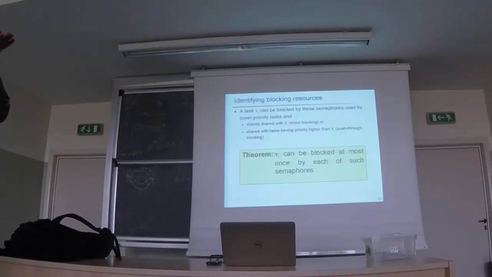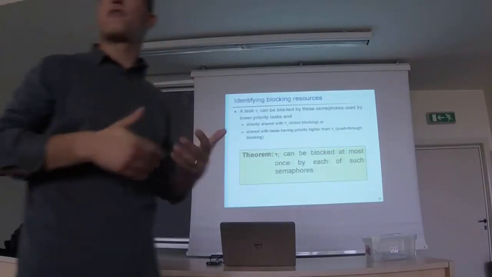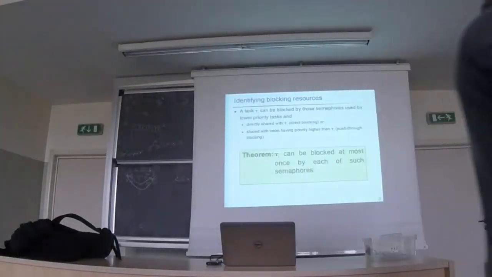Because a low priority task is holding the semaphore A. I'm not blocked because a higher priority task holds it. I'm blocked because a low priority task holds it. When this task releases the resource, my blocking is over. Whenever I try to re-access that resource, I will never be blocked again.